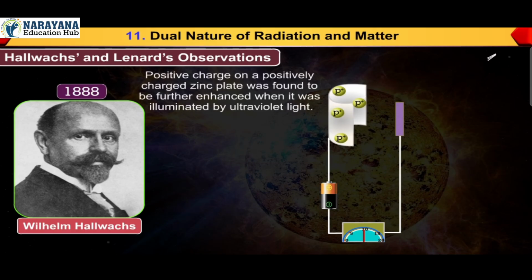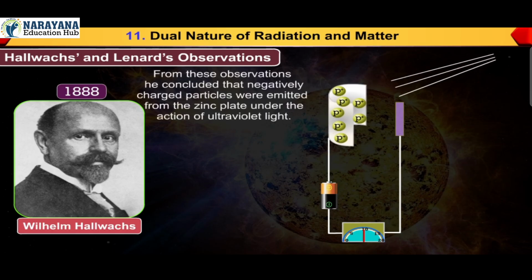Positive charge on a positively charged zinc plate was found to be further enhanced when it was illuminated by ultraviolet light. From these observations, he concluded that negatively charged particles were emitted from the zinc plate under the action of ultraviolet light.